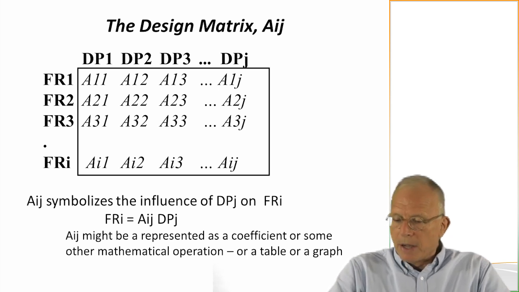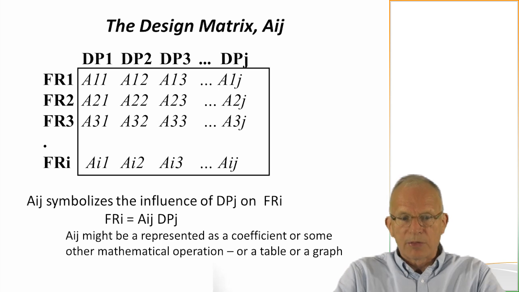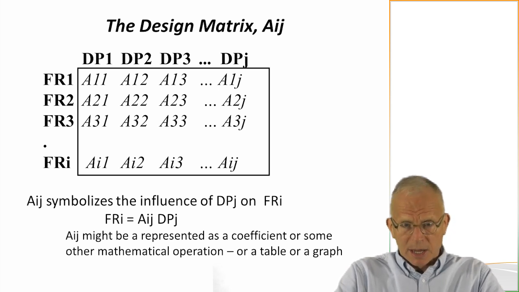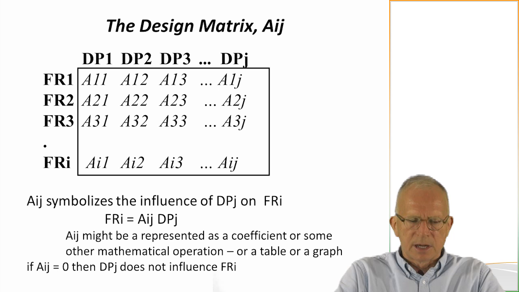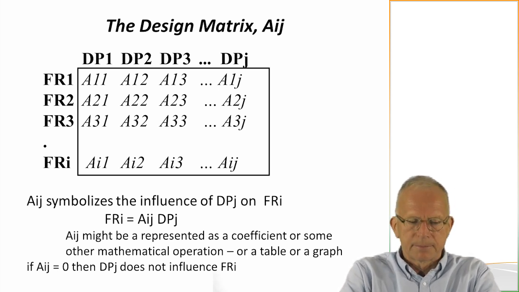Or we might just understand there's a table or a graph that tells us what the DP is doing to the FR. Now, at some point in the design, just to check to see if it's decoupled, we don't really need to know what it's doing, just as long as we know enough to worry about the influence.